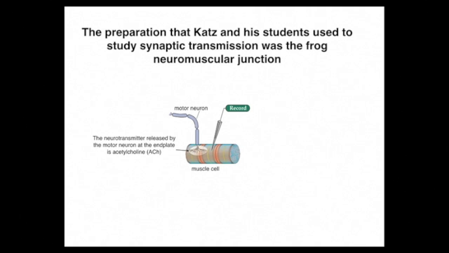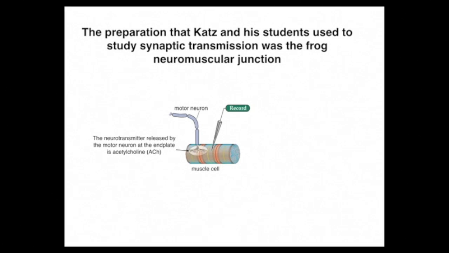The change in membrane potential that occurs as a consequence of the release of acetylcholine also has a special name, the endplate potential, that I will illustrate in just a moment. However, the important point is the endplate potential is exactly the same as an excitatory postsynaptic potential.